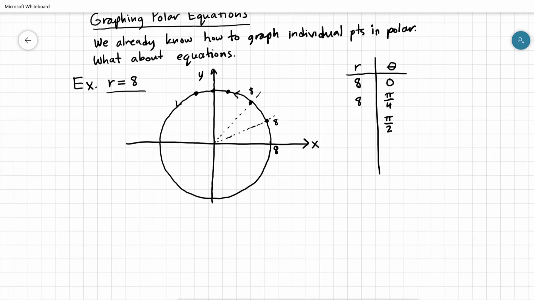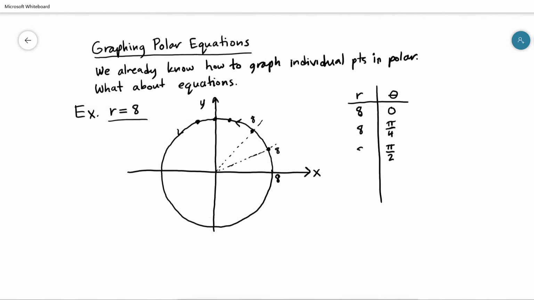And this would continue on indefinitely. So this is one approach, basically doing a little table and using that table to plot points and then playing connect the dots the same way that we would for a Cartesian graph, for example. But this is it. This is what the graph looks like.